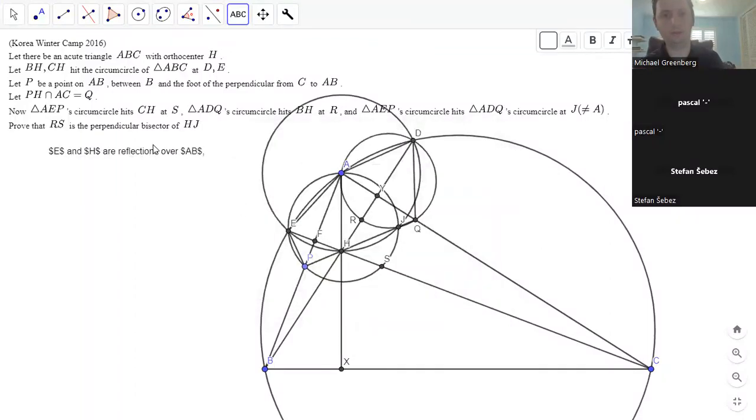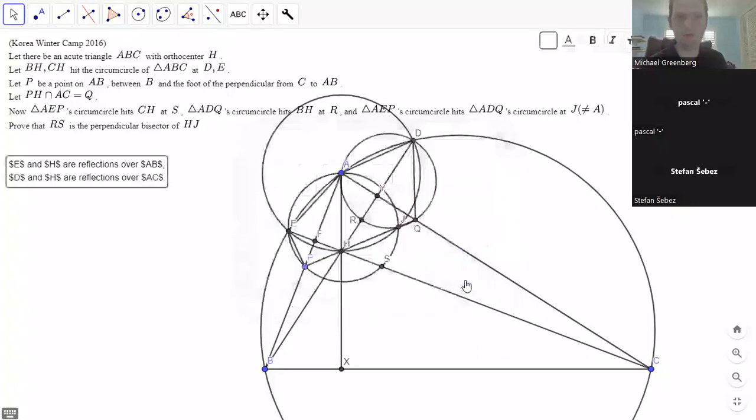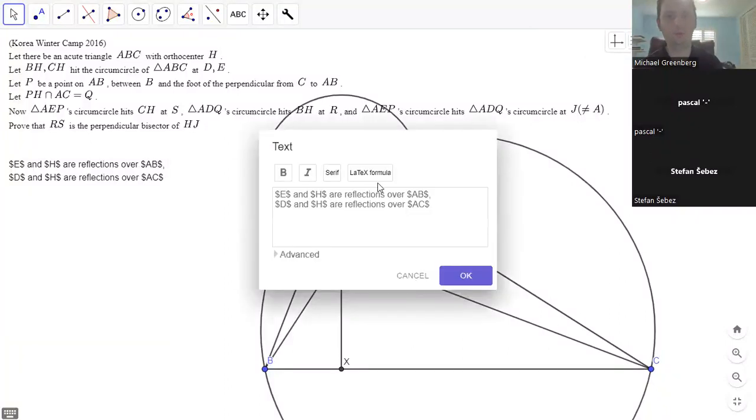And D and H are reflections over AC. And then basically, AHP plus AHQ equals 180.